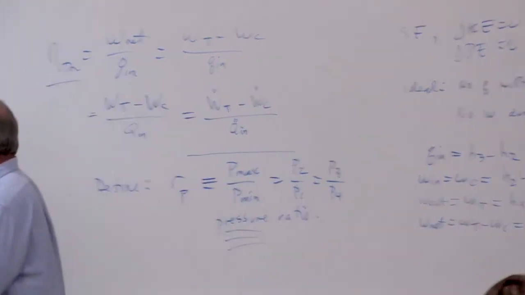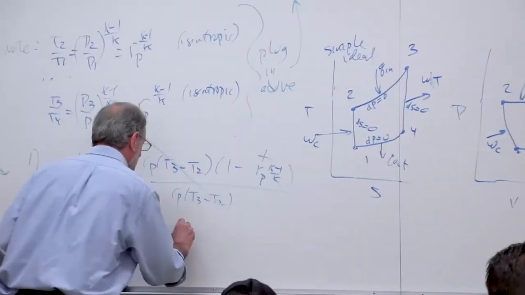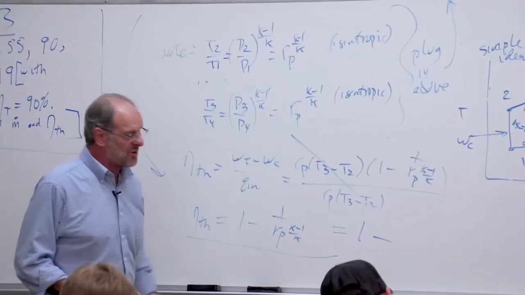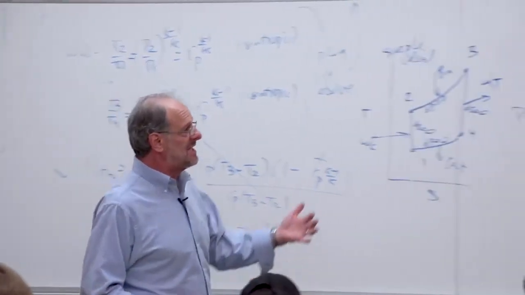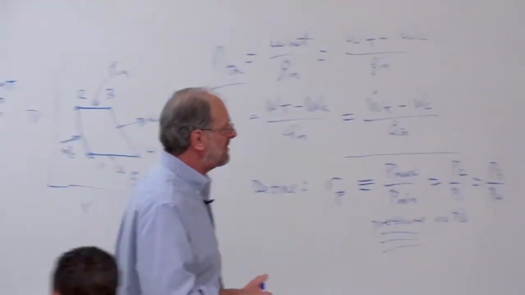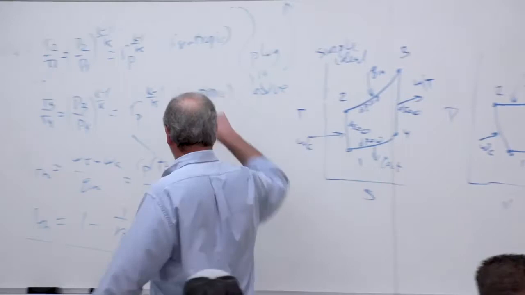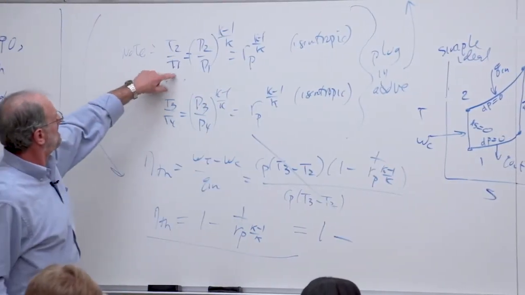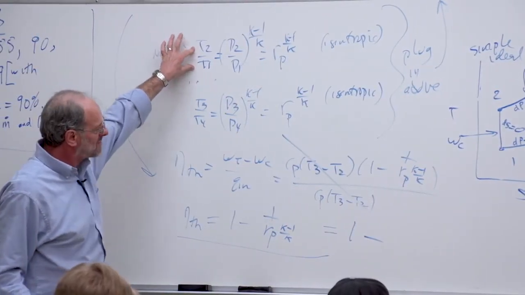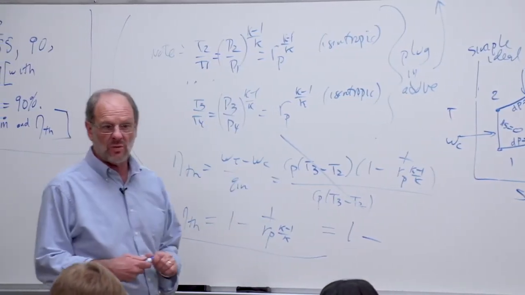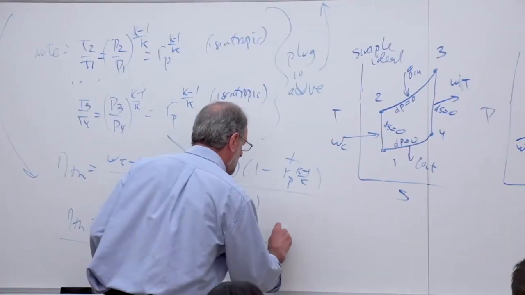One other thing I might note, this pressure ratio to the k minus 1 over k is still equal to the associated temperature ratio, right? Oh, in fact, I think I have it up here still. So we could just sub in this ratio, T2 over T1. So 1 minus 1 over T2 over T1 is just 1 minus T1 over T2.